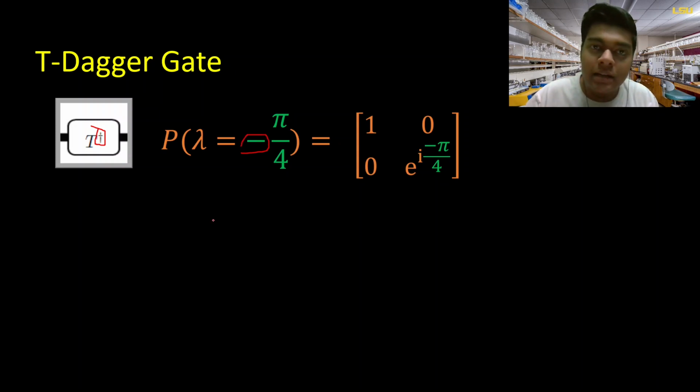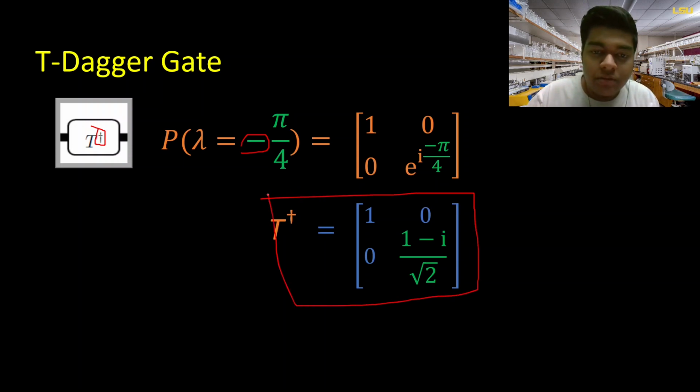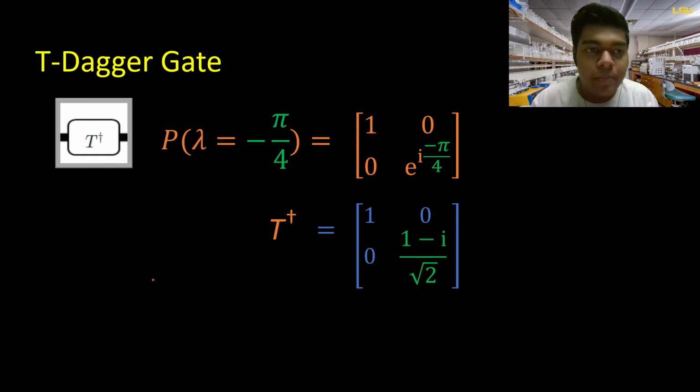So the value for the T-Dagger gate is minus pi by 4, and again if you do the same thing, you get the matrix for T-Dagger, which is this. So the only difference is this minus sign. All right. So now let's get to the identity that we have already visualized and see how it works out.